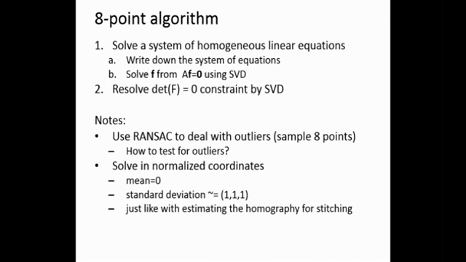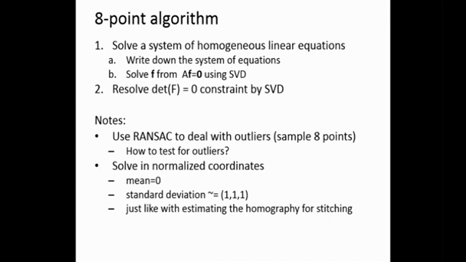The last note is that, just like when we were solving for the homography, it's important to normalize the coordinates, because solving for least squares constraints in a homogeneous space doesn't correspond to reprojection error. We want to make the scale parameters and the u and v parameters all similar.